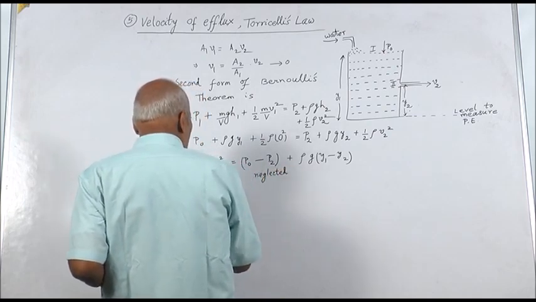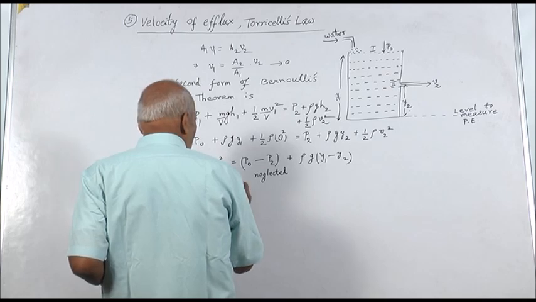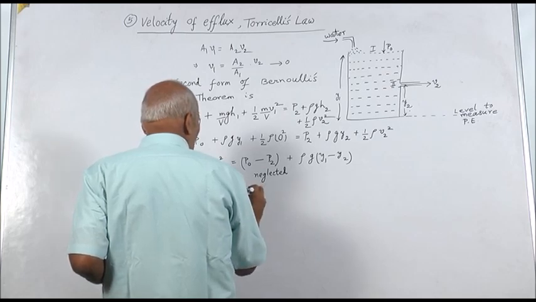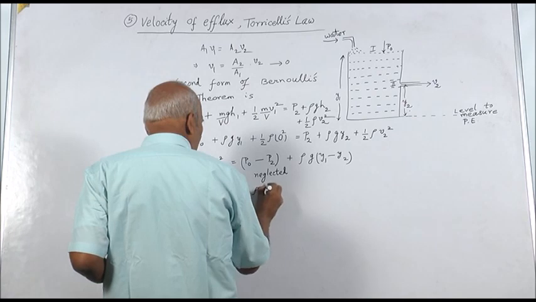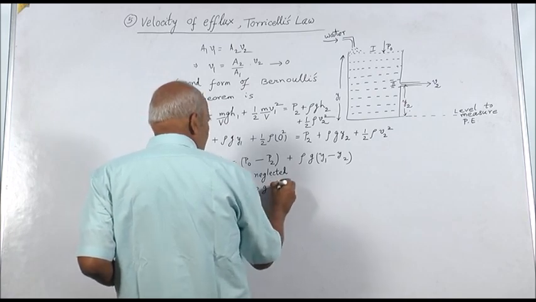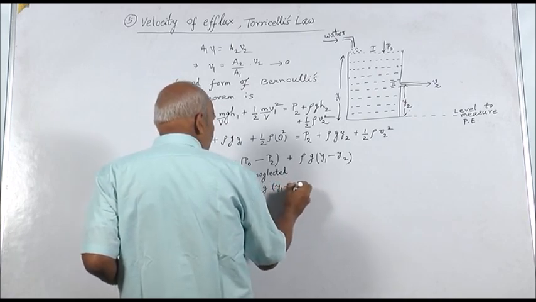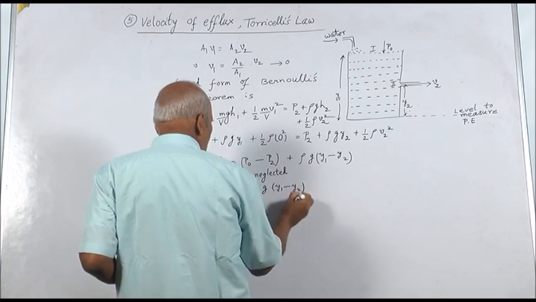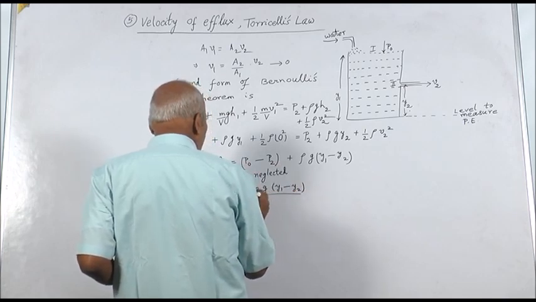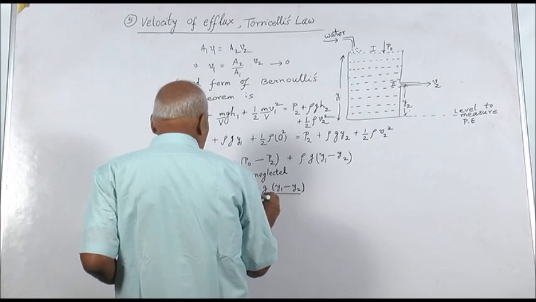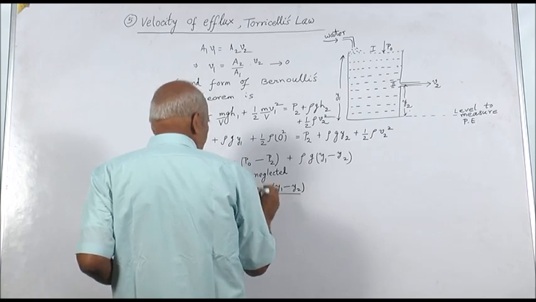So, you can write V2 square is equal to 2 rho g, this is Y1 minus Y2, divided by rho.